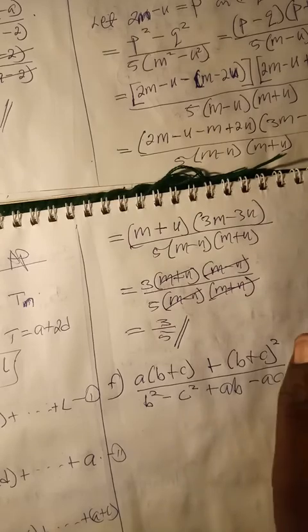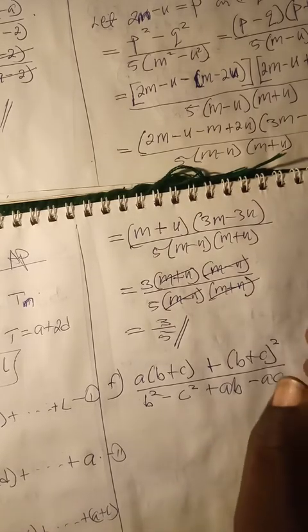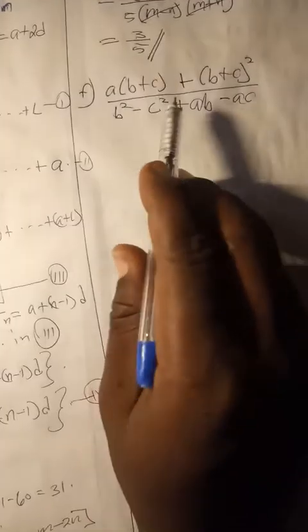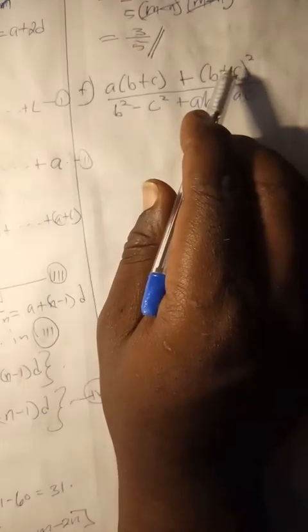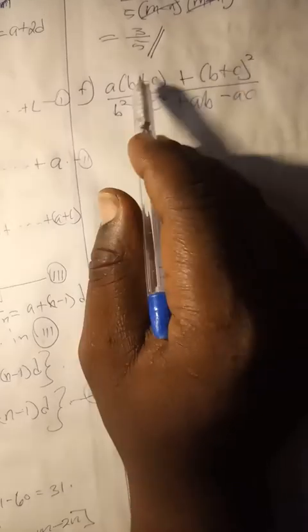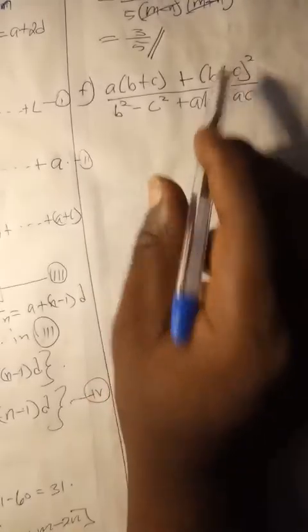So obviously what we should do here is to find out factors, okay, the factors that can fit in. See, b plus c and b plus c are factors. This is the HCF of these two expressions.